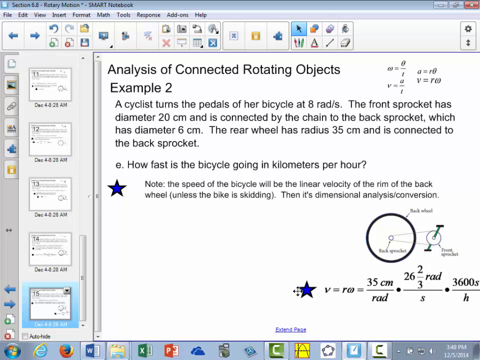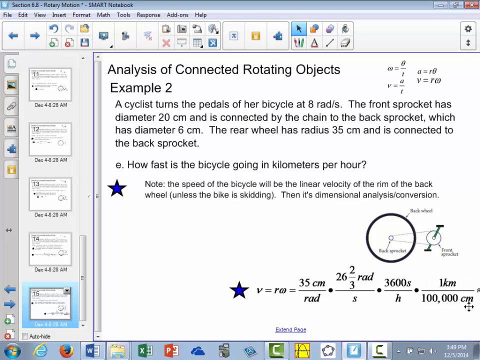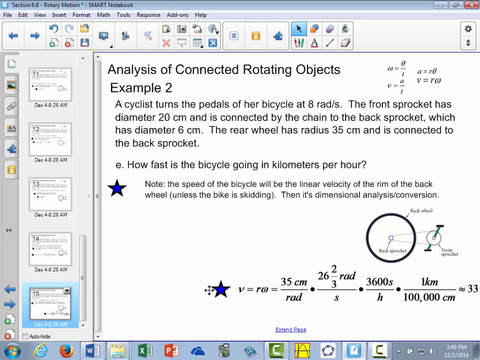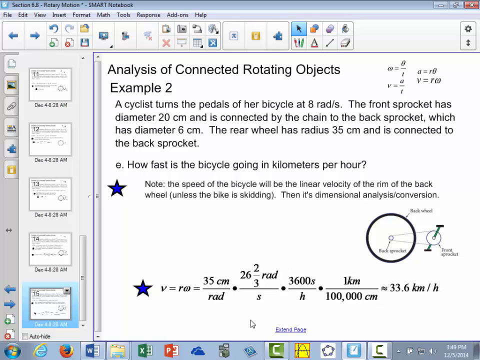So we take the seconds and we use the conversion factor of 3,600 seconds per hour so that the seconds cancel out. And then we take our centimeters and use a conversion factor of 1 kilometer per 100,000 centimeters. That's a lot of centimeters. And we will end up with a linear velocity in kilometers per hour of approximately 33.6 kilometers per hour.